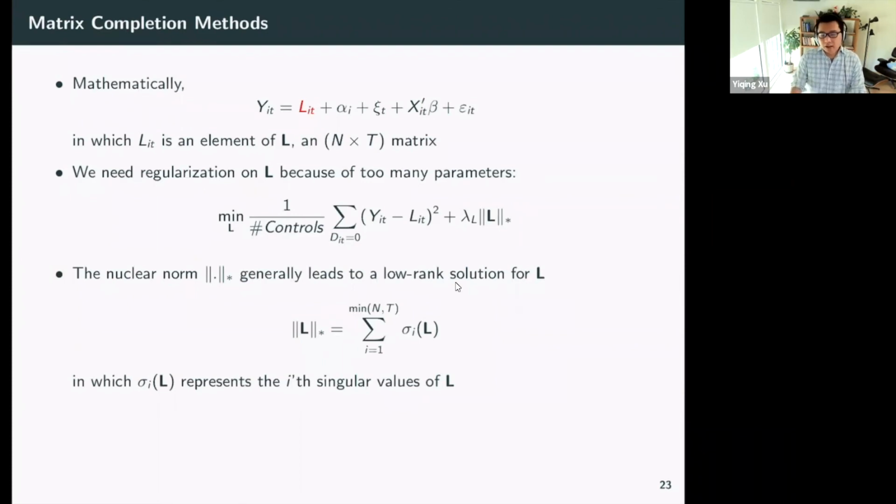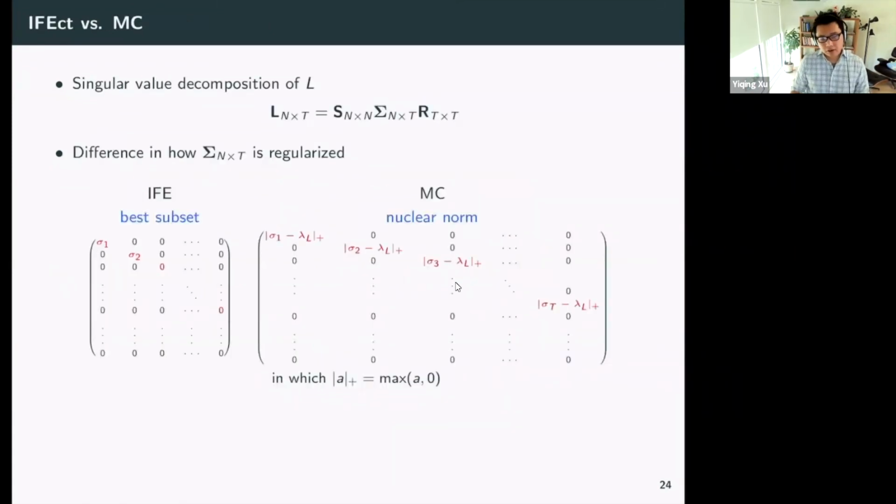Okay, so sigma I is the eigenvalue of matrix L. Imagine you're running a PCA or SVD of L, and sigma I is on the diagonal of the eigenvalue matrix. Then you can impose different ways to regularize this matrix. One is what the literature calls the best subset. Essentially, let's say the rank is T or N, whichever number is smaller.